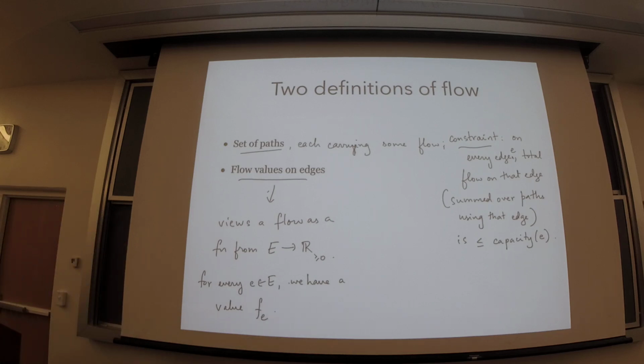Right, the more obvious one is the capacity, which is that Fe must be less than or equal to the capacity of E. So that's an easy one.